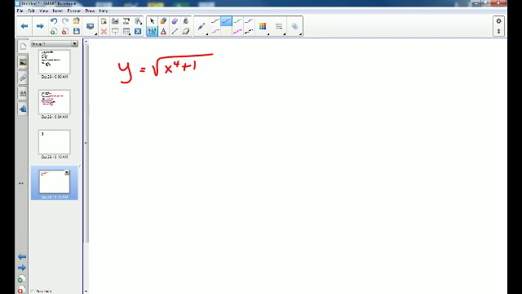We will rewrite this as an exponent. So we have our outside and our inside.